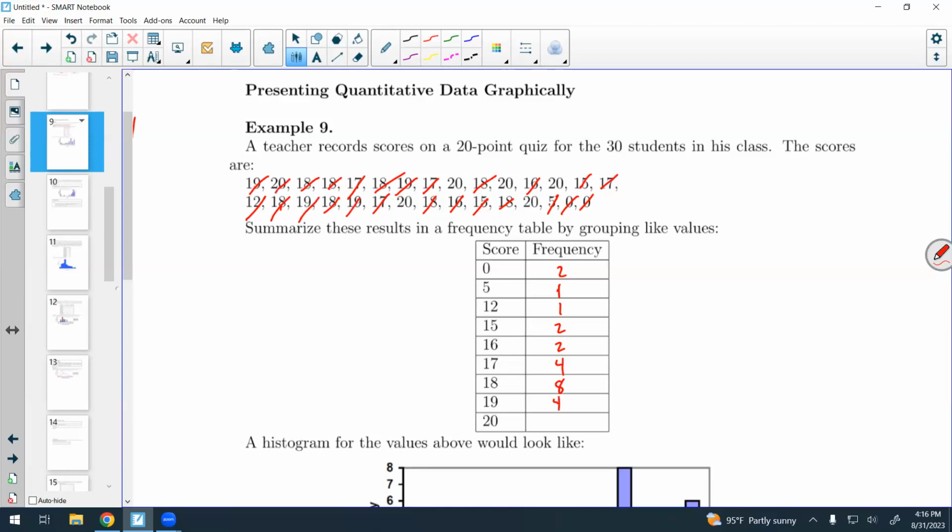And 20. 1, 2, 3, 4, 5, 6. So there should be 30 students. So if I add this up, 2, 3, 4, 6, 8, 12, 20, 30. So I'm good. We've just created our first frequency table using quantitative data.